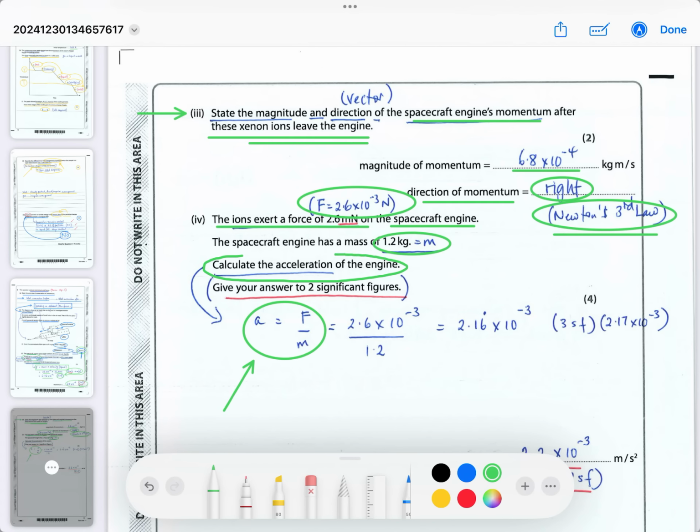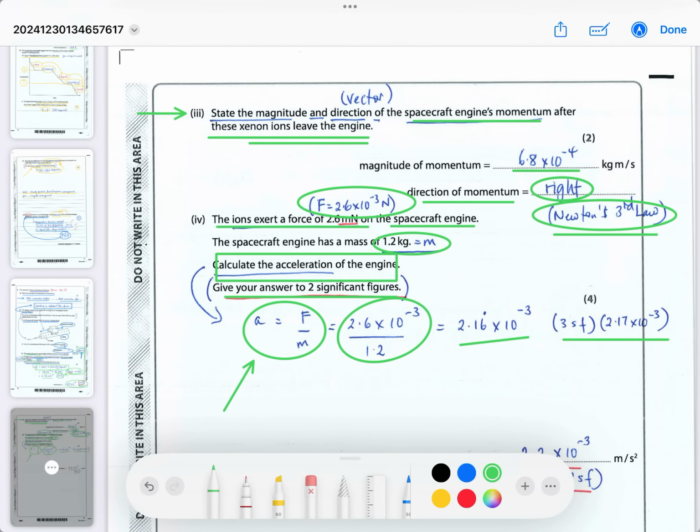Well, that's how you do it. Make A the subject of the equation, and they want you to give your answer again to 2 significant figures, because the data provided is to 2 significant figures. The force divided by the mass, and to 3 significant figures or more it will be 2.16 recurring, or 2.17.